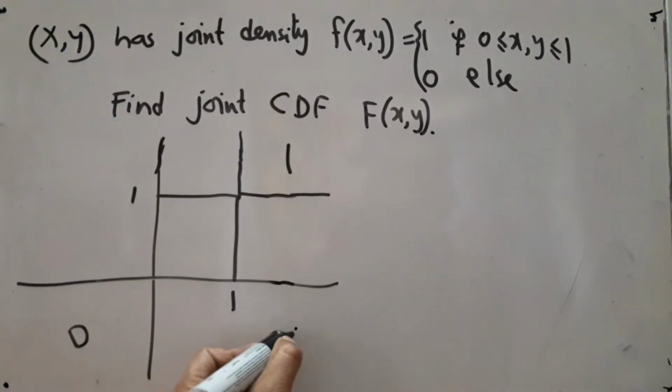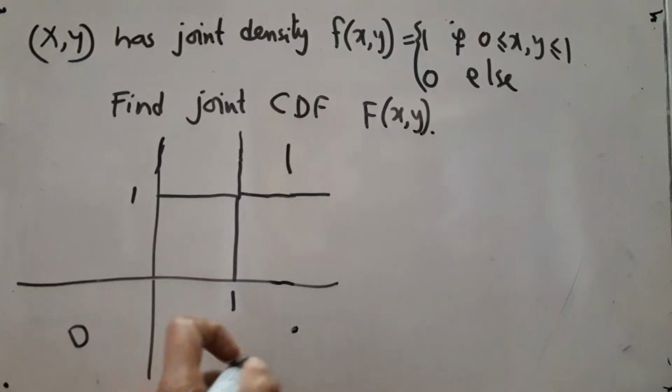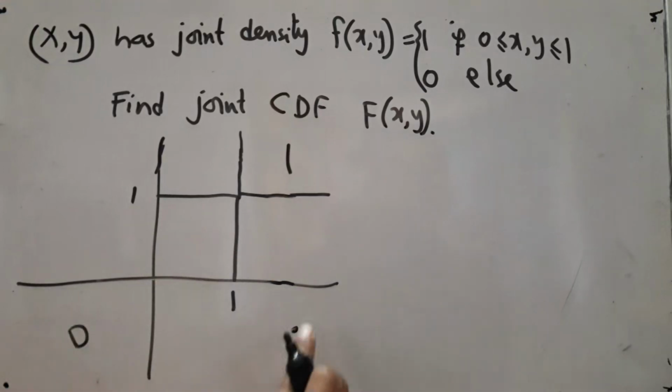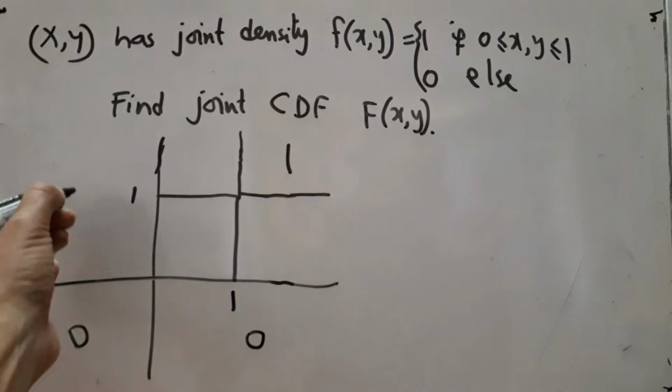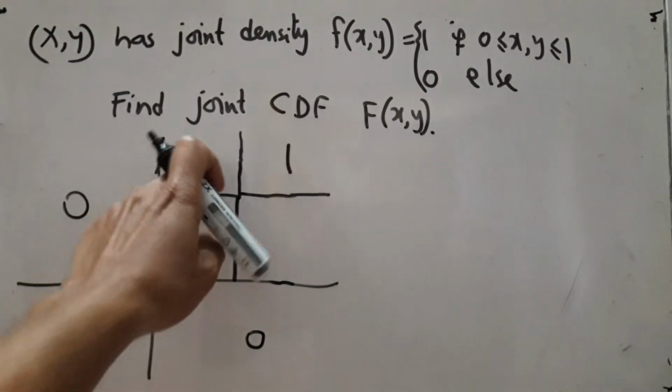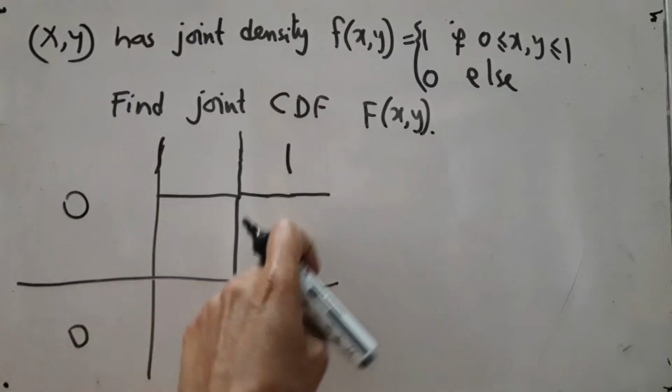What will be the value if (x, y) is here? Again, imagine this infinite rectangle. It does not overlap the square, so here also the value will be 0. A similar argument shows that here also the value will be 0. Let's erase these ones. So the only places where you have to find the value are these 3 places.